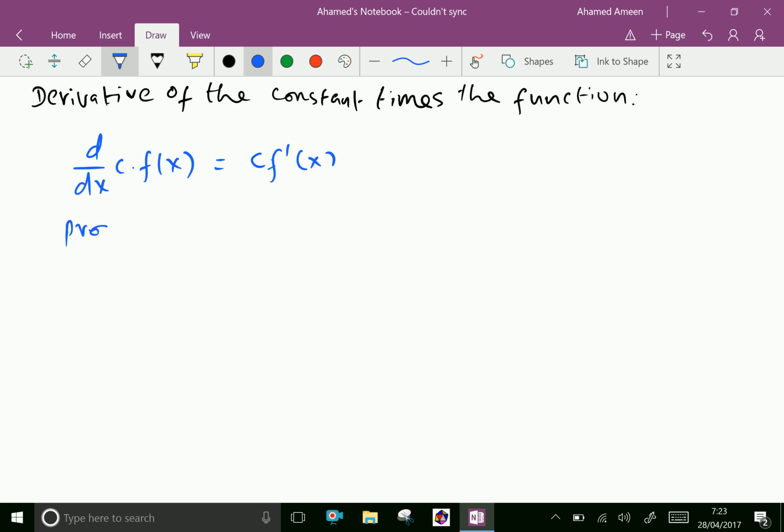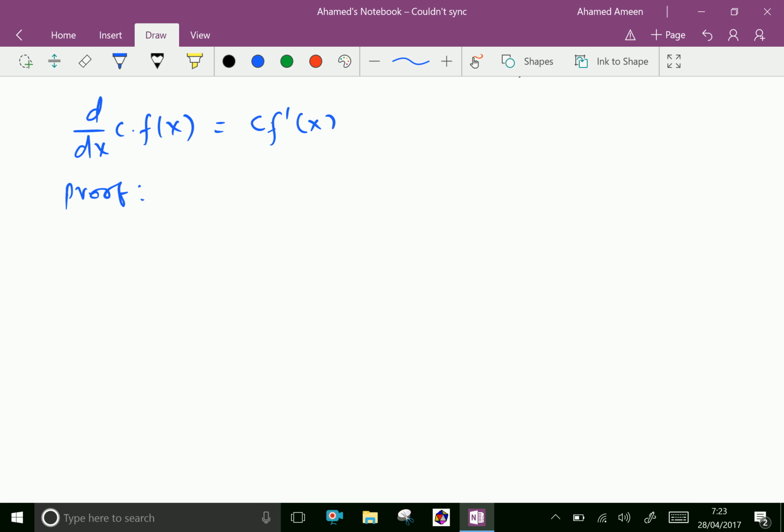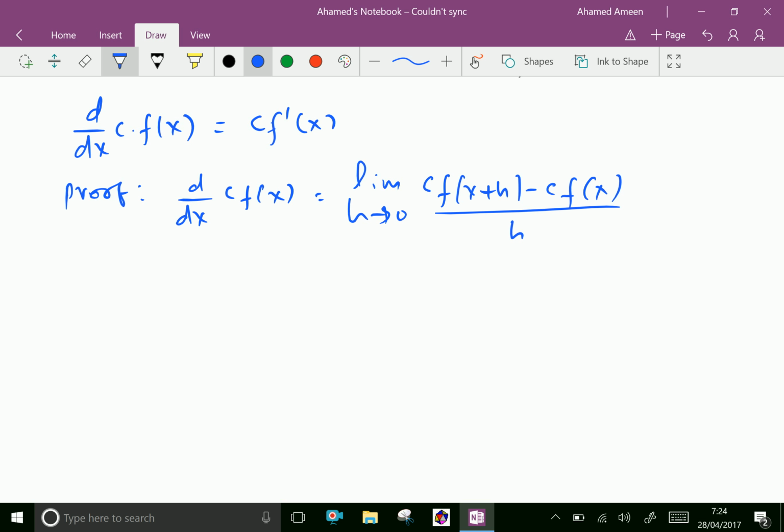Proof. Now by first principle, d by dx of c f of x equal limit h tends to 0 of c into f of x plus h minus c into f of x over h, where h is a small increment given on x, as well c is the constant.